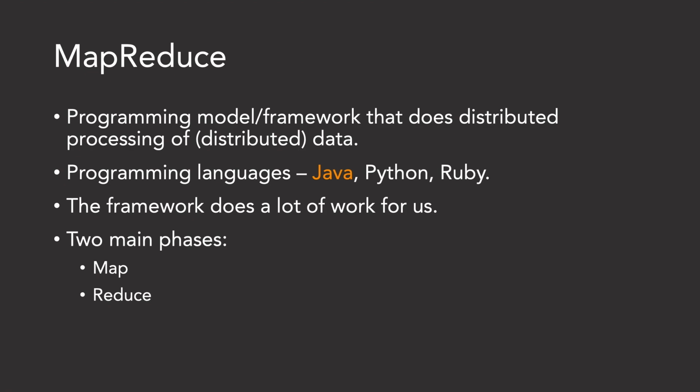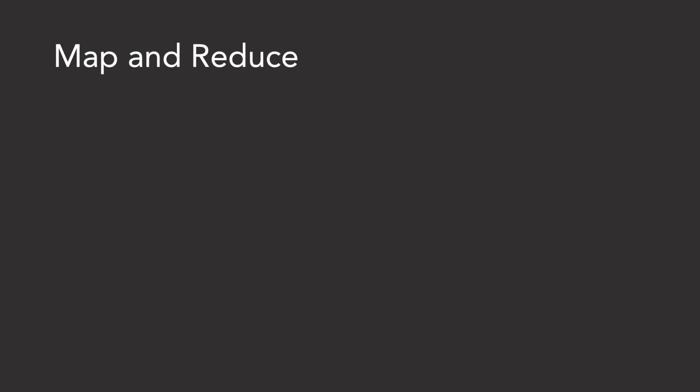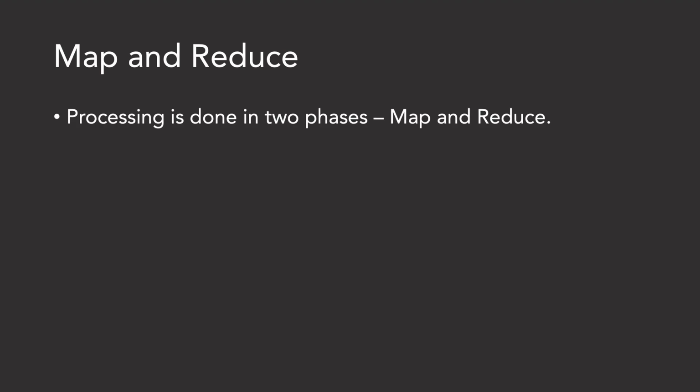There are two main components or two main phases of MapReduce. One is the map phase, and then the reduce phase. Let's take a look at map and reduce separately. Processing is divided into two distinctive phases. In the map phase, we write map functions which are actually written by us based on the application or workload requirement.